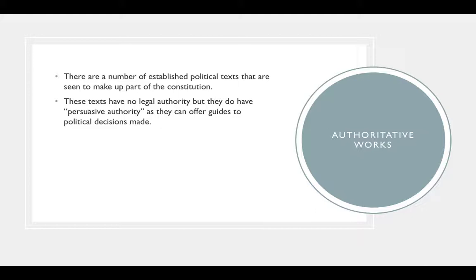These texts have no legal authority, but they have what we call persuasive authority, as they can offer guides to making political decisions. For example, A.V. Dicey's Introduction to the Study of the Law of the Constitution is a good example of a body of text which can be used as a guide to understanding and developing the Constitution. So it is seen as an authoritative work.